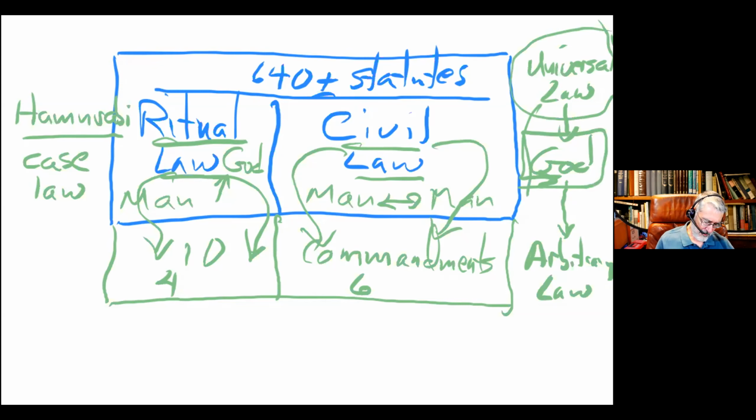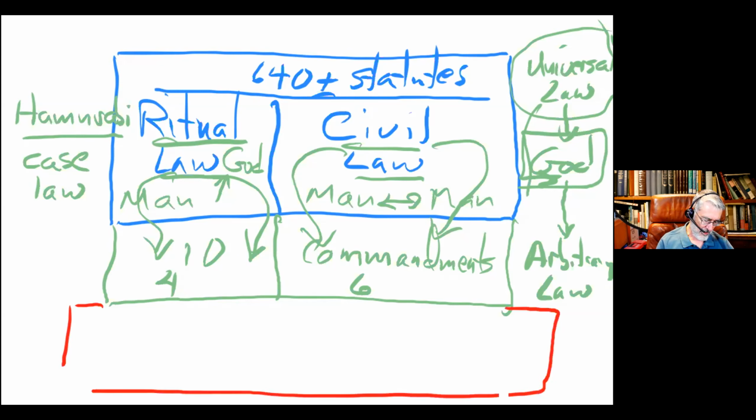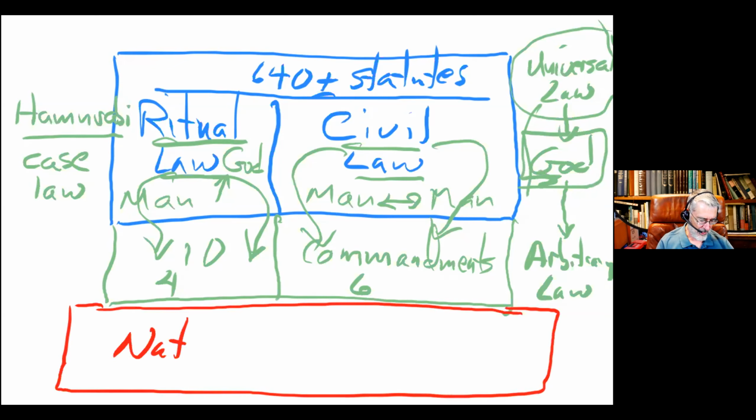So I'm going to draw another layer here, and I'm going to make it bigger. It's larger and older than the Ten Commandments. And we're going to call this, it can be called a number of things. Typically, it is called natural law, but it should be called universal law.